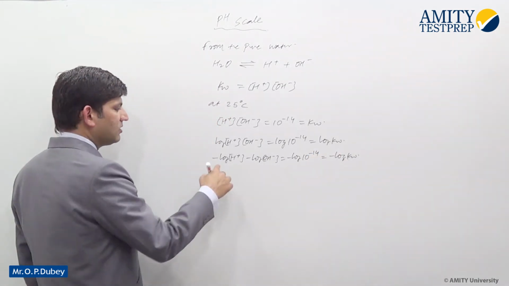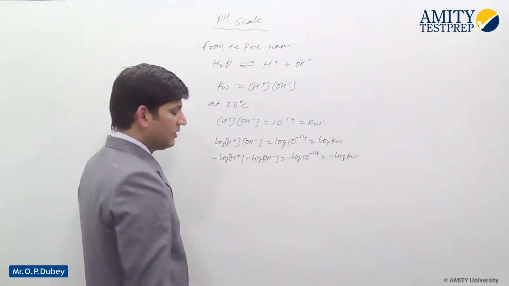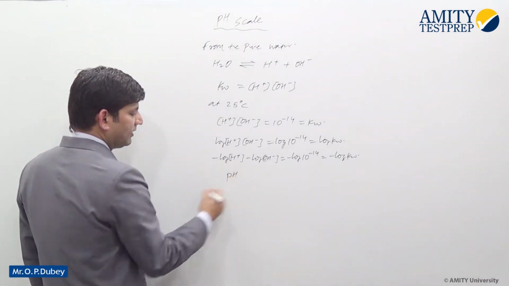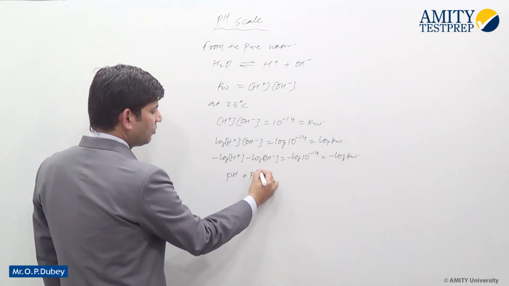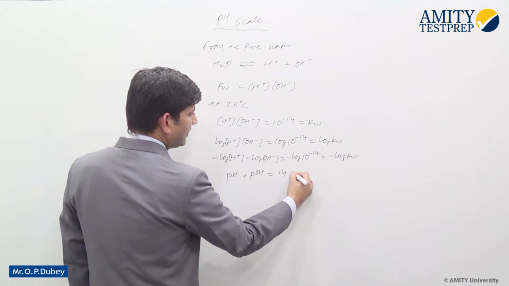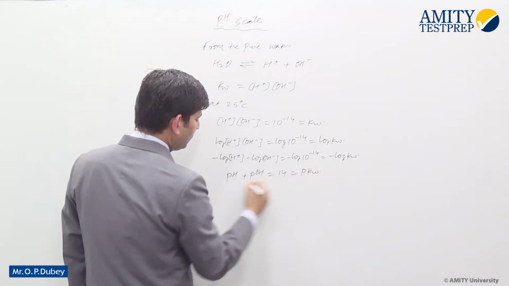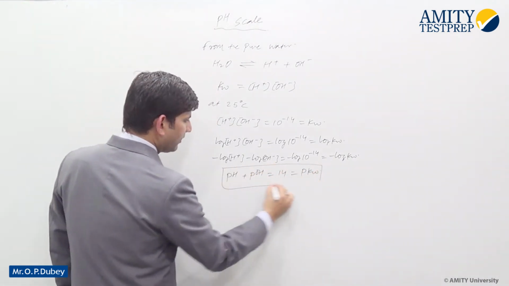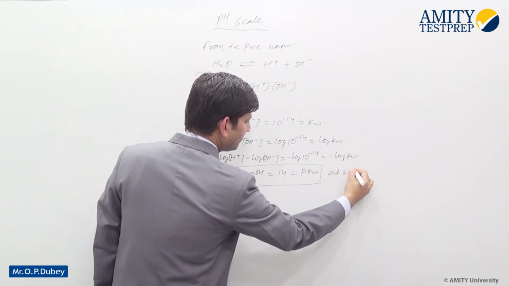Now we can write minus log H plus ion concentration is pH, and the pH plus pOH of solution is equal to 14, and that is equal to pKw, and that is at 25 degrees C.